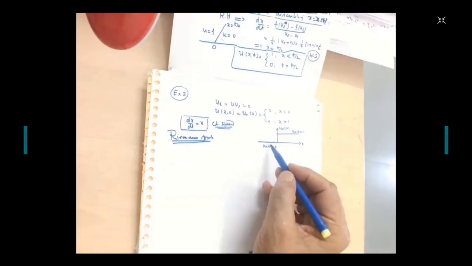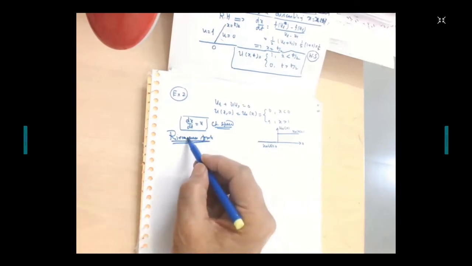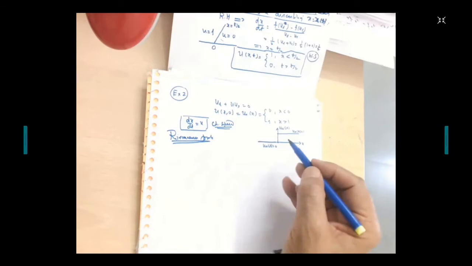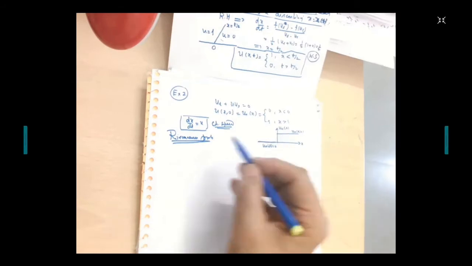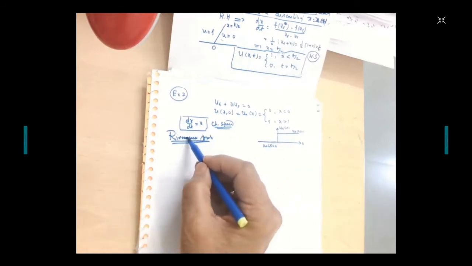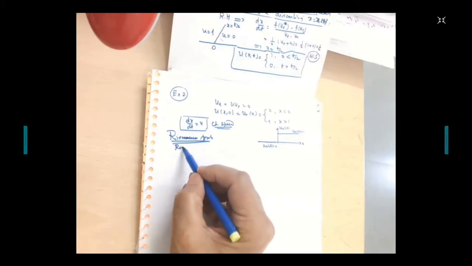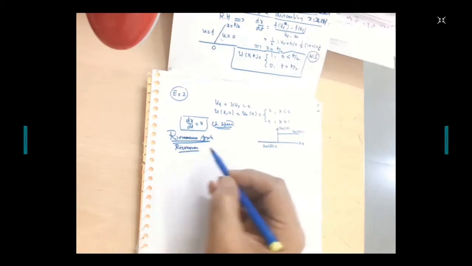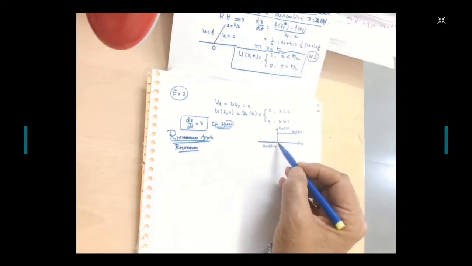What does the Riemann problem say? The Riemann problem says that two constant states are separated by a single discontinuity.